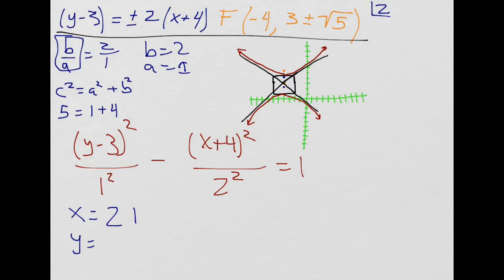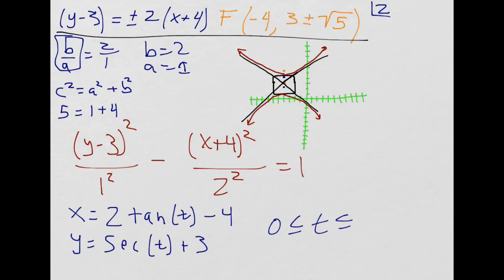So I'm going to get 2 tan of t, and that's going to be minus 4. And y equals 1, so you don't really need it, so I'm not going to write it, and it's going to be secant of t, and it's going to be plus 3. And that's going to be 0 less than or equal to t less than or equal to 2 pi.